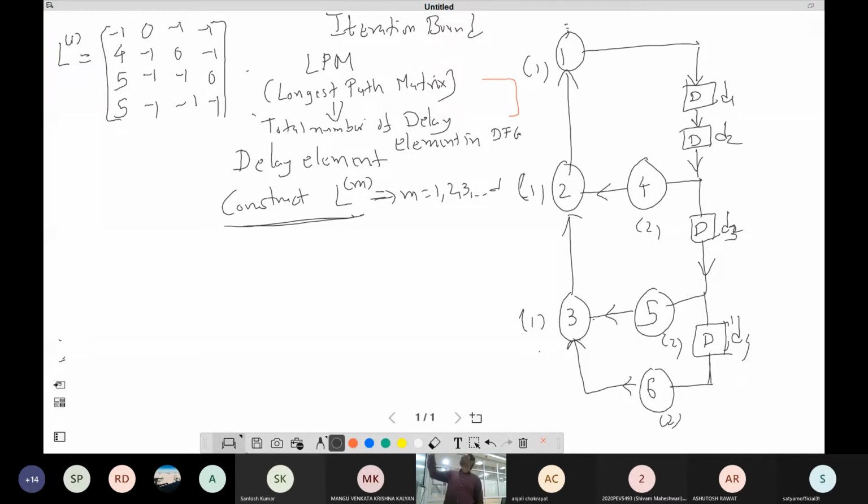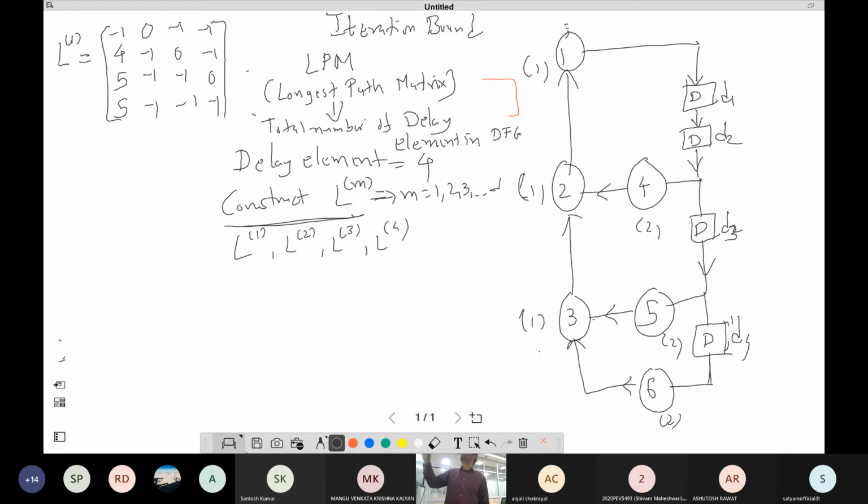So here the total number of delay elements is 4. That means I need to construct L1, L2, L3 and L4. So I need to construct 4 matrices L1, L2, L3, L4.